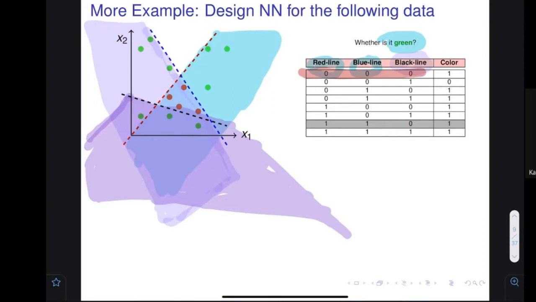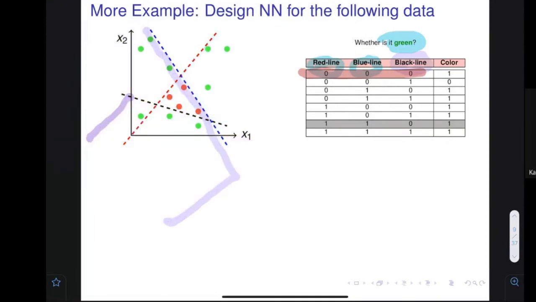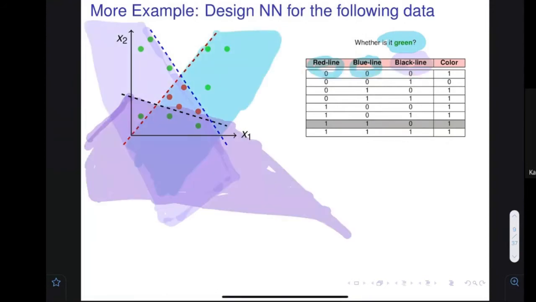So I think this area, if I'm not wrong, is going to be this area only. If all three conditions are applied, this is the area we are talking about. Now let us focus on this particular area.